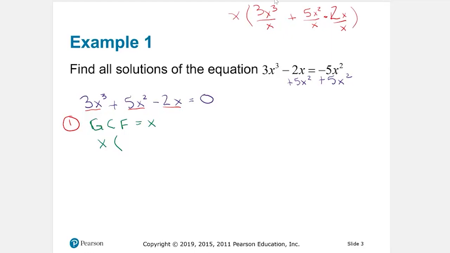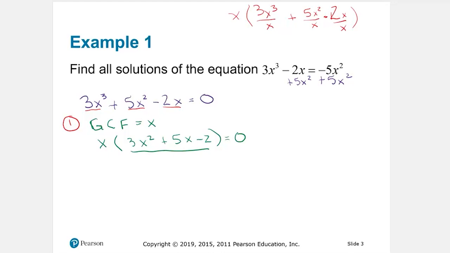So I'm going to multiply by x, and then inside I'm going to do the division. So 3x to the third divided by x is 3x squared, and then plus 5x minus 2 equals 0. And now we have to factor that 3x squared plus 5x minus 2 because it's not in its simplest form.